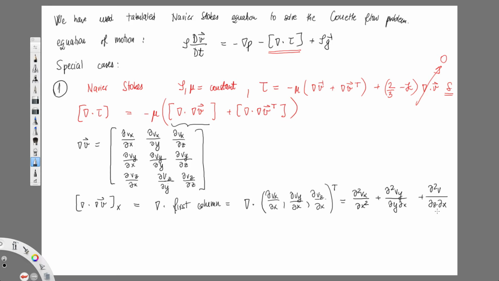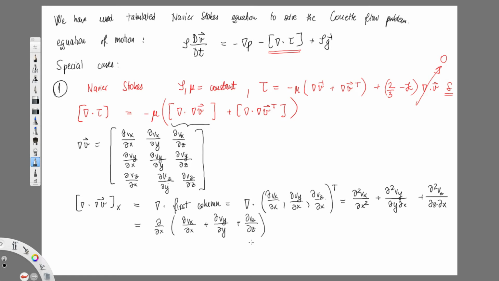So this entire business here is partial x of partial Vx, partial x, plus partial Vy, partial y, plus partial Vz, partial z.